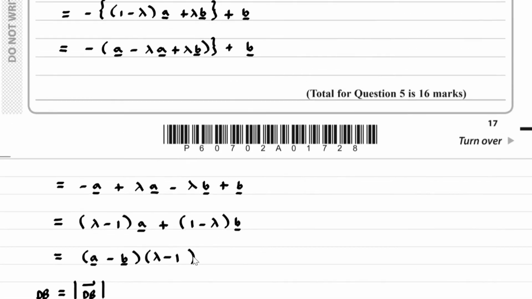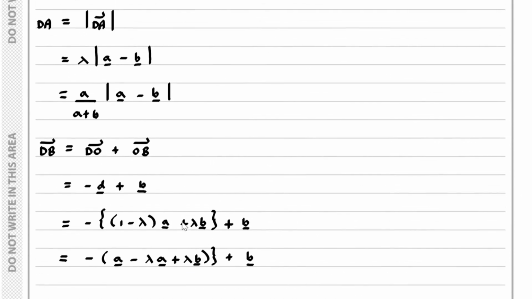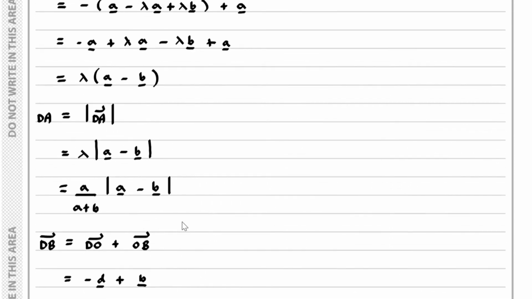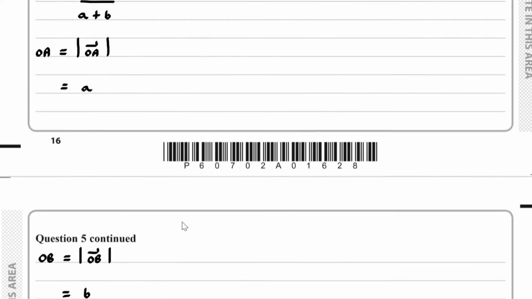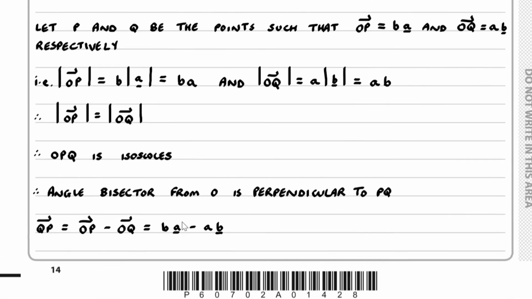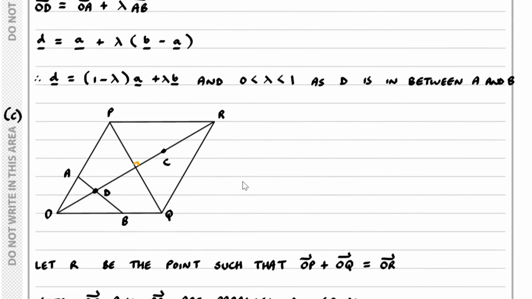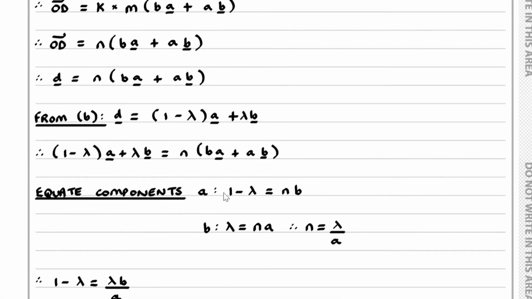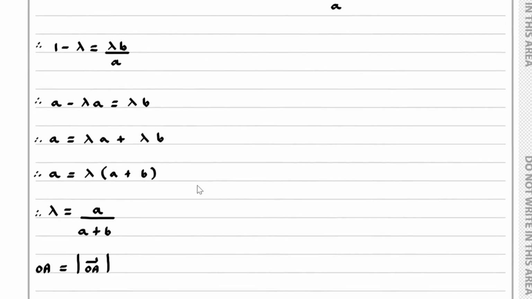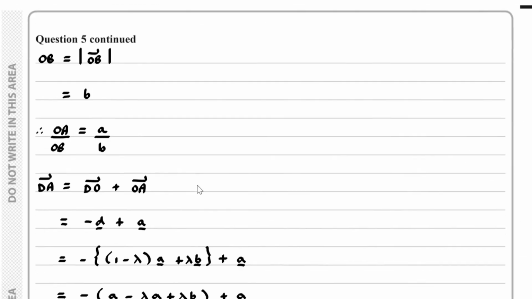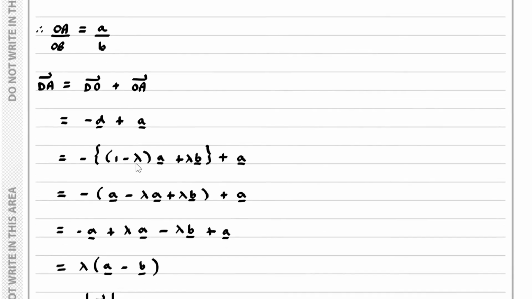And so therefore what we can do now is find out the ratio of, if I go back to the question, the ratio of dA to dB. Now I know what dA is, we worked that out over here.